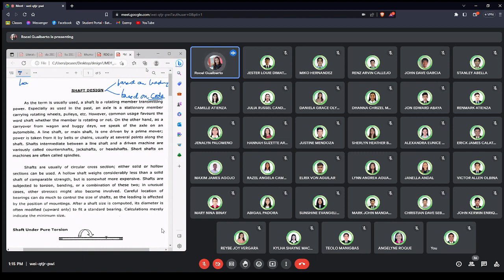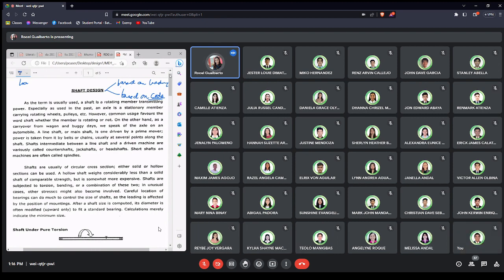The second one is the shaft design based on the code. For the code, we have the ASME code and the PSME code. These two have a written procedure on how you will be designing the shaft. We will simply follow what is written in the code for us to arrive at the required dimensions.